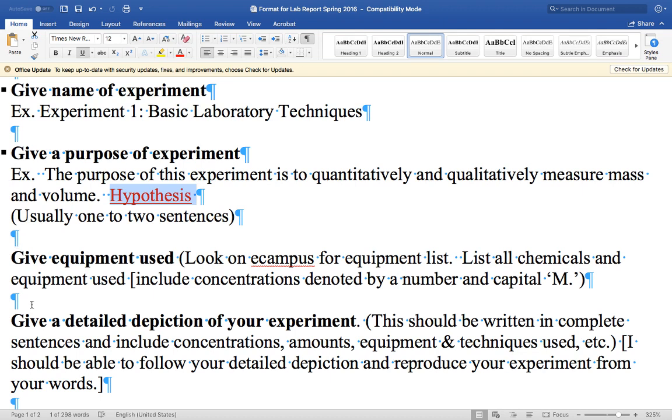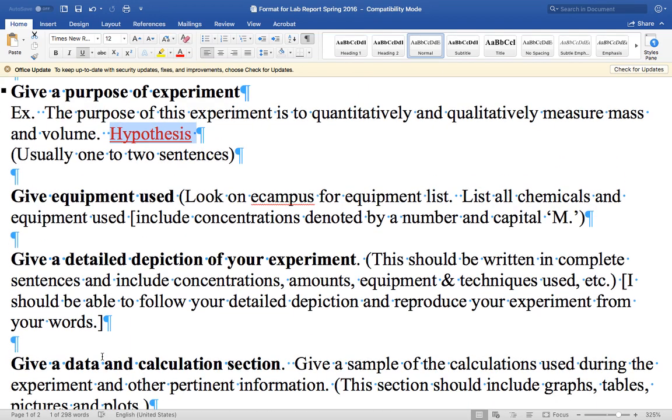The report is simply a way of you expressing to me what you have done in the lab. This should be written in complete sentences. It should be written in third person, which means you do not provide personal references.